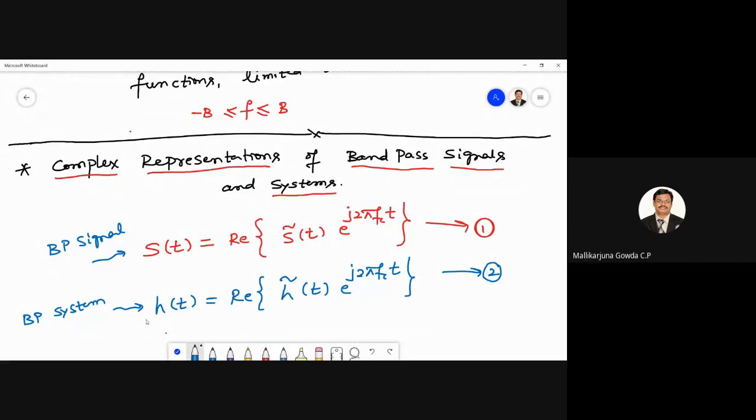We characterize the bandpass system with the impulse response h of t and the bandpass signal by s tilde of t. Let us see how this simplifies the analysis of the bandpass system driven by a bandpass signal, without the exponential factor, by representing both the signal and the system by their complex low-pass representations. Let me stop with this and continue in the next class.